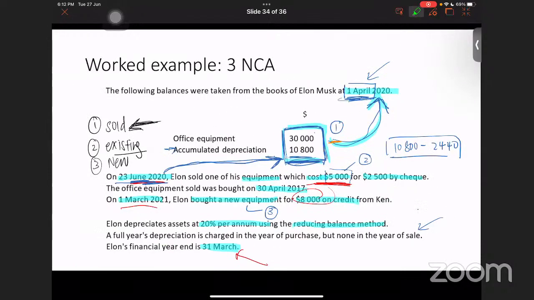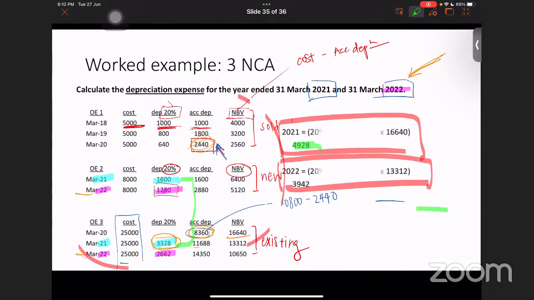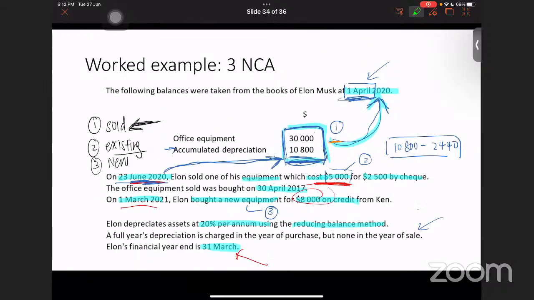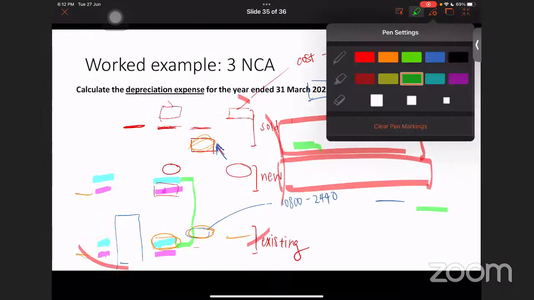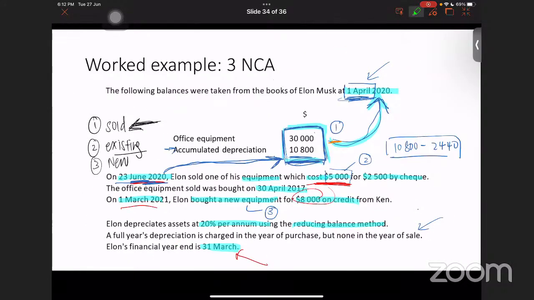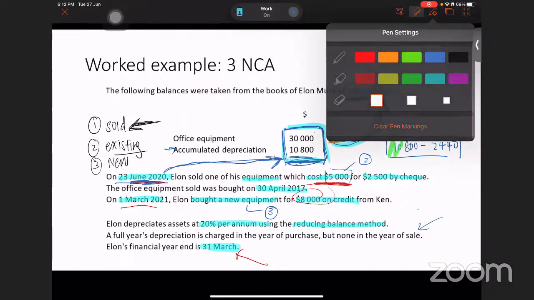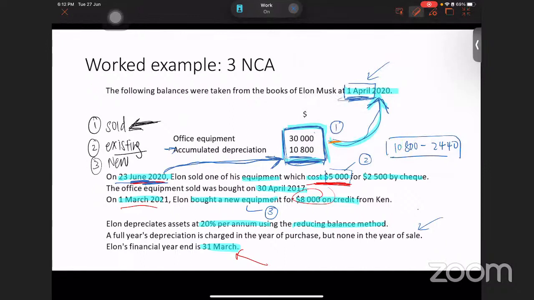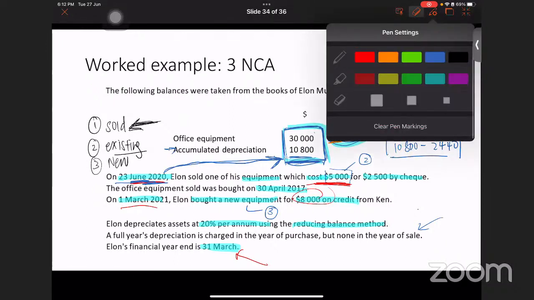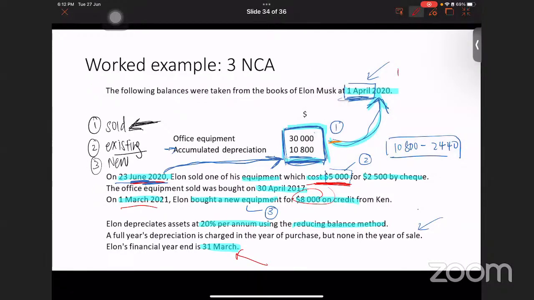Okay, so for here, I didn't show the journal, so you know what? Let's just do it together. So for here, let me erase some things because they're very messy. Okay, I cannot erase, never mind. Okay, so for here, I received a check of 2,005.